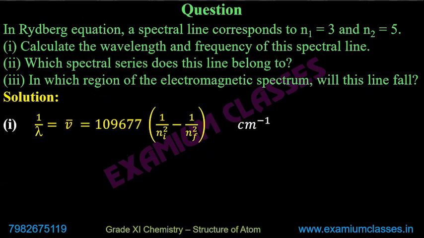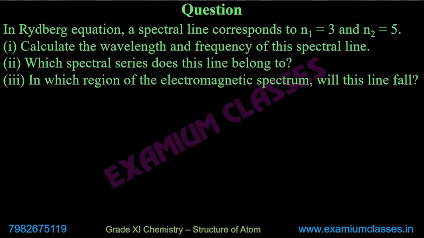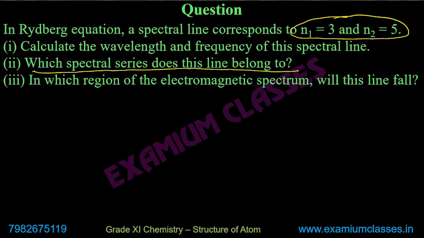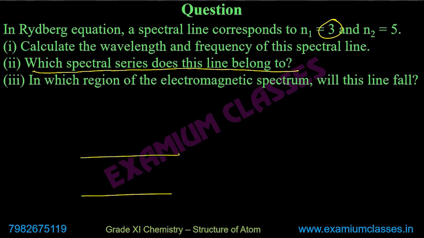So as we have done, substitute the values. The only point here is whenever it is given as n1 equals 3, n2 equals 5, you might wonder whether the transition is from 3 to 5 or 5 to 3. For example, here it is asked which spectral series this line belongs to. You will always consider the lower one. So Paschen in this case. It can't be 5. The reason is, if you remember, I had drawn the diagram.